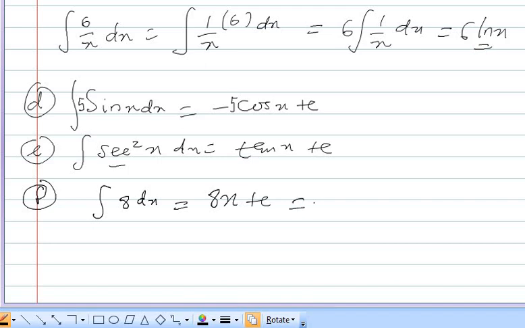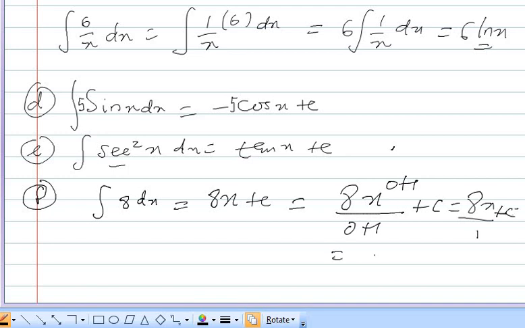You can also say h x raised to the power 0, which is just 1, so you can apply our formula: x to the power 0 plus 1 all over 0 plus 1 plus c. Here x to the power 1 over 1 plus c. So the answer should be hx plus c.